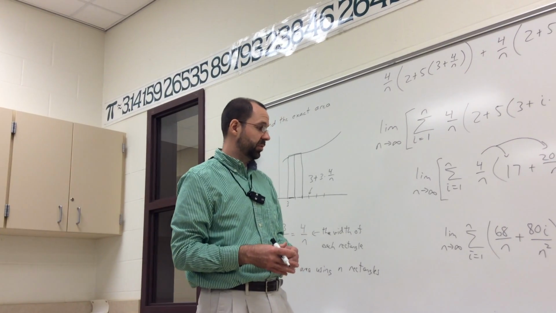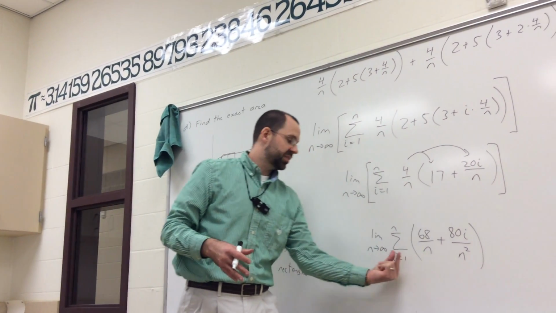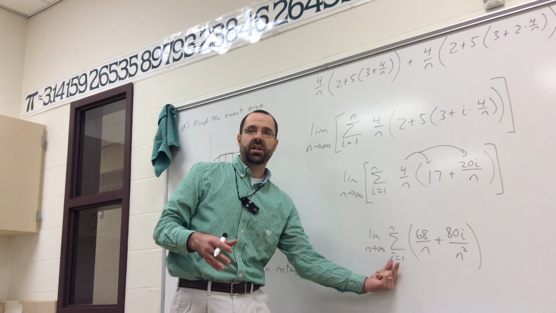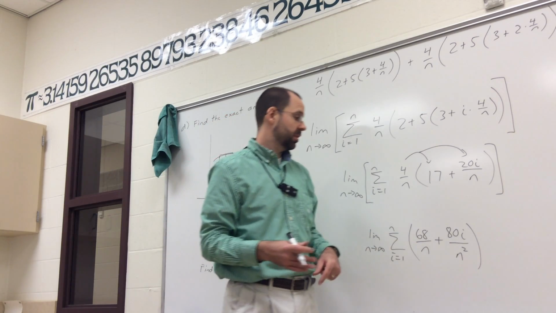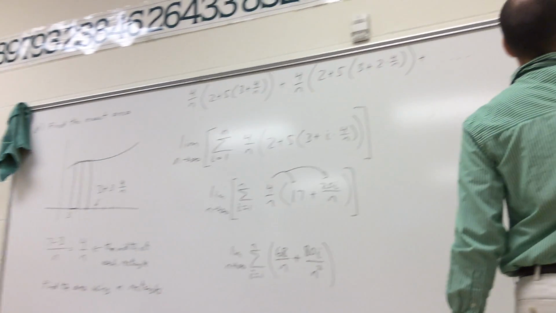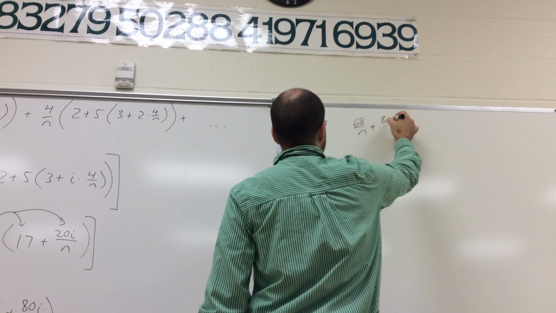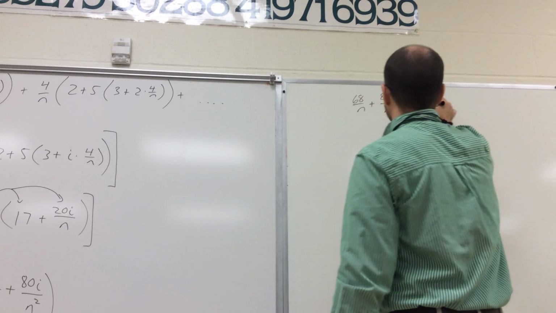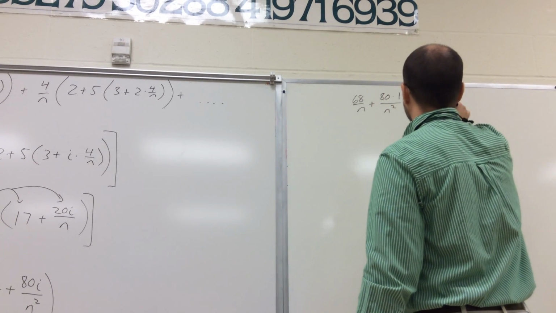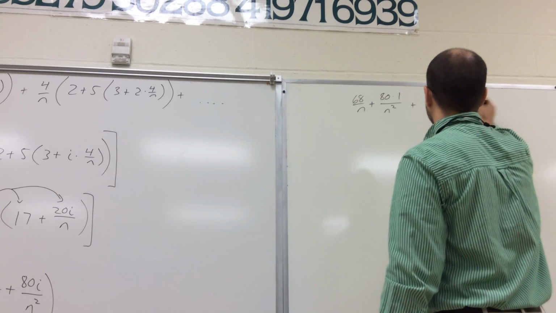Okay, next thing I'm going to do is write this out the long way, because this mess is kind of hard to understand. So when i is 1, this is 68 over n plus 80 times 1 over n squared. And then when i is 2, it's 68 over n plus 80 times 2 over n squared.